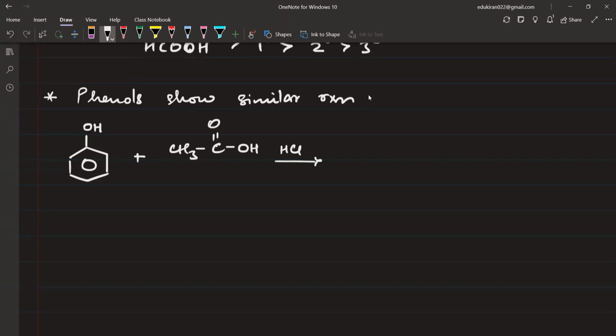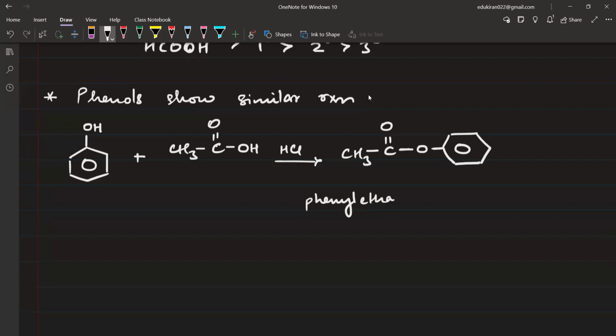This CH3 and C double bond O will have an oxygen atom, and this oxygen is further bonded with the benzene ring, the phenyl group. Why phenyl? Because phenyl is added to the oxygen atom as a substituent. So phenyl ethanoate. Two carbon atoms, so ethanoate.